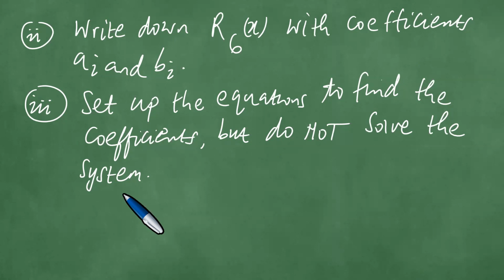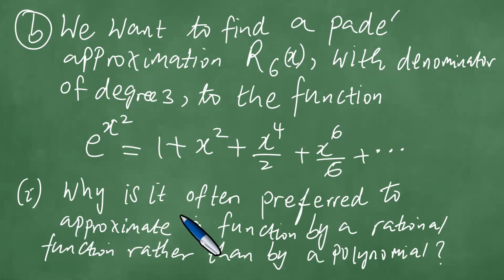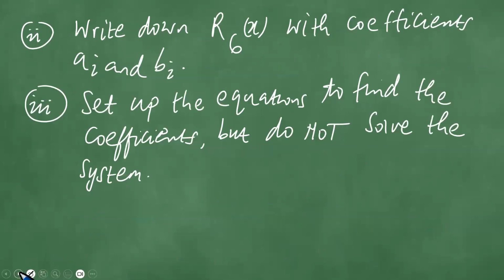Right. Okay, we continue. Now, what do we do with this? We're just explaining the first part. Why is it often preferred to approximate a function by a rational function rather than a polynomial? We have elaborated on that one.